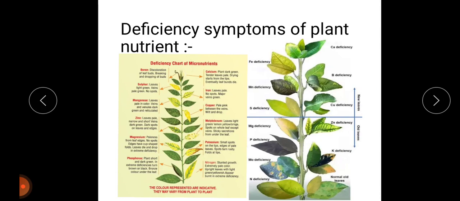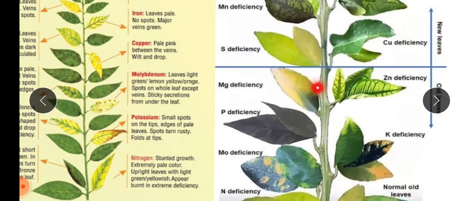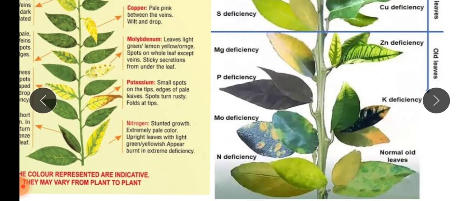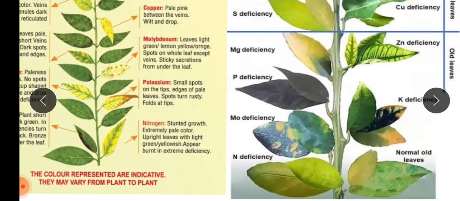The first nutrient is nitrogen. In that picture we discuss nitrogen deficiency: stunted growth, chlorosis meaning yellowing, lower leaves first affected, then flowering and fruit setting are affected, poor size and quality of fruit, and reduced tillering in cereals. So these are the deficiency symptoms of nitrogen.